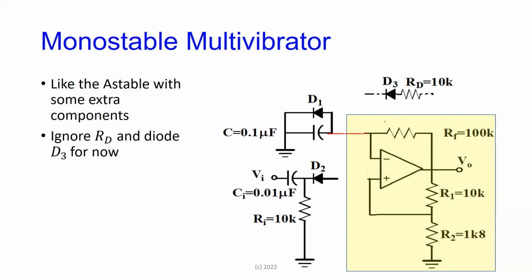On the non-inverting terminal, I have a little trigger circuit, which is a capacitor, a diode, and a resistor, right? A small capacitor, a medium-sized resistor, and this diode here. And I'm connecting that. This is going to ground.